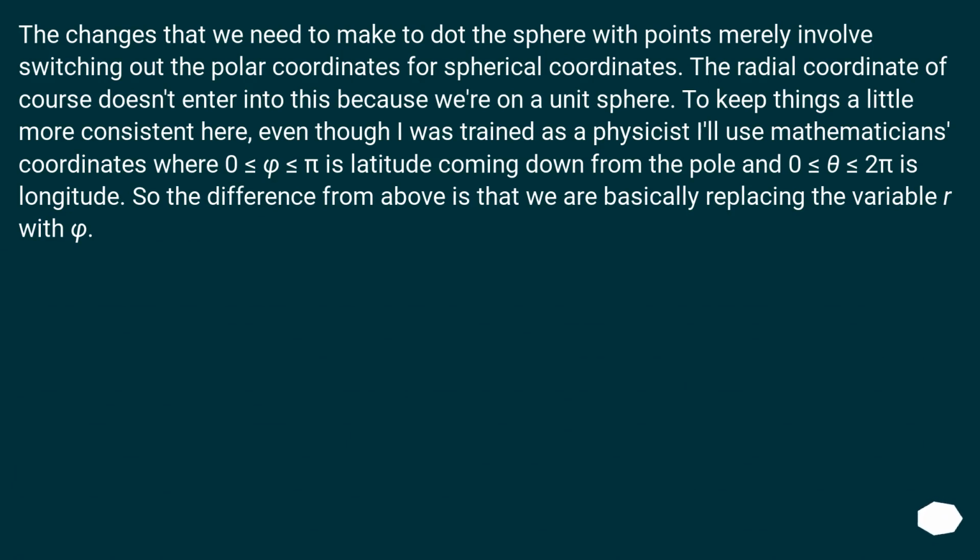To keep things a little more consistent here, even though I was trained as a physicist, I use mathematicians' coordinates, where 0 <= phi <= pi is latitude coming down from the pole, and 0 <= theta <= 2pi is longitude. So the difference from above is that we are basically replacing the variable r with phi.